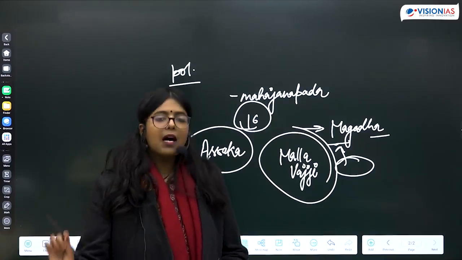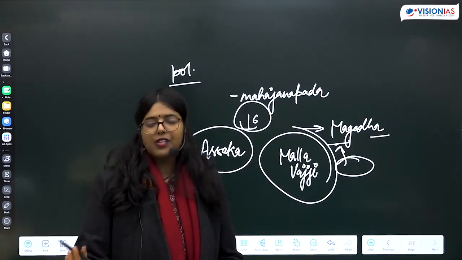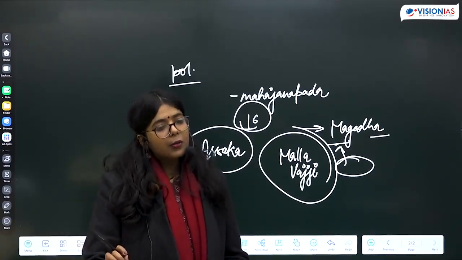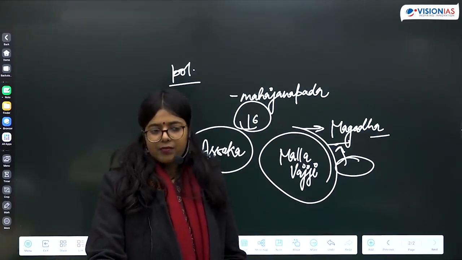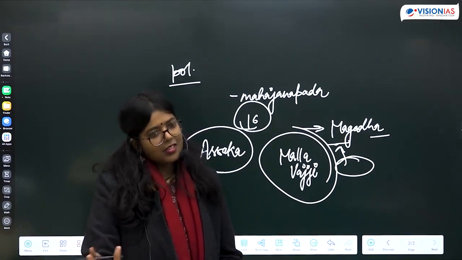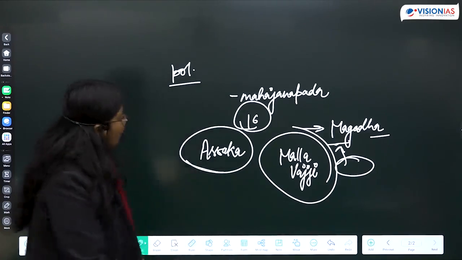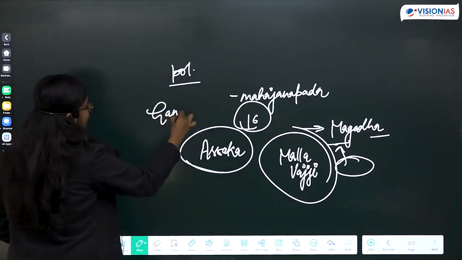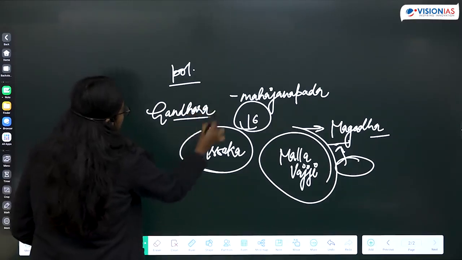There is another Mahajanapada at this point of time which is very important when it comes to education. Which one is that? Takshashila. So we talk about Gandhar and the capital is Takshashila.